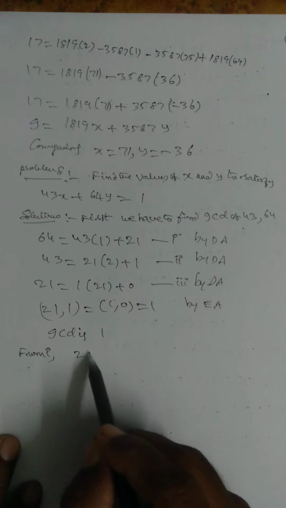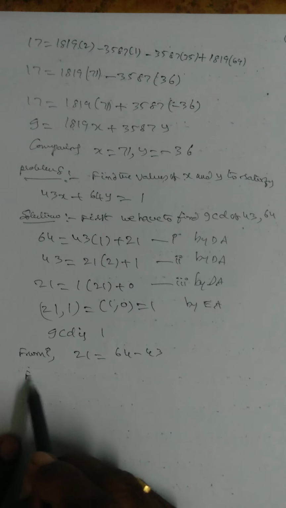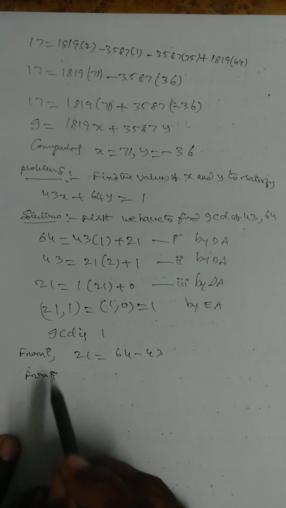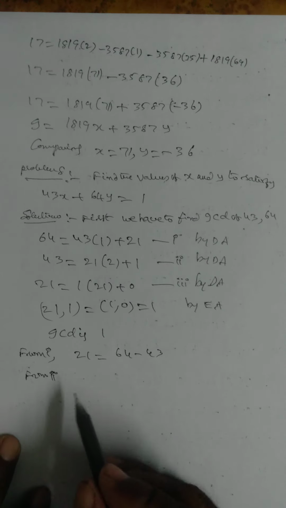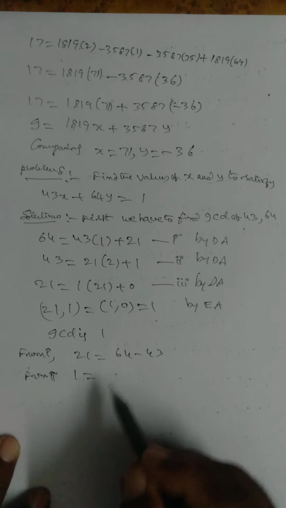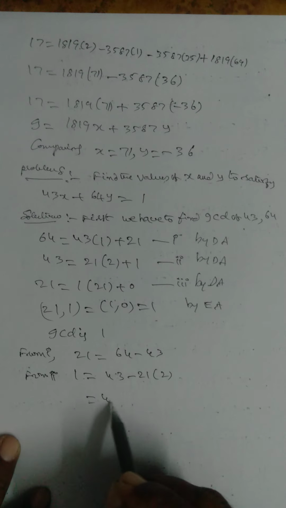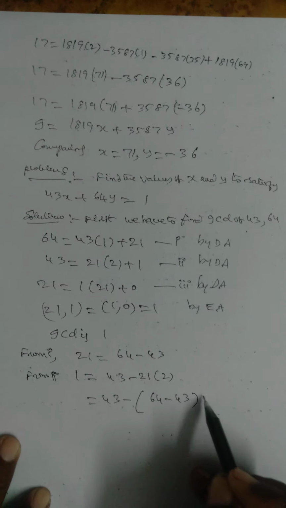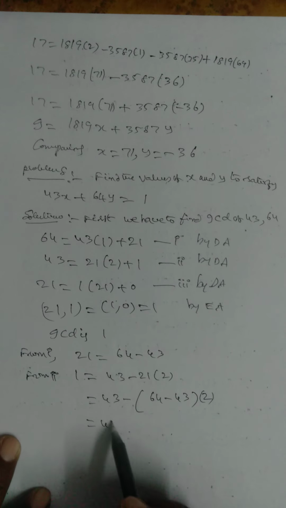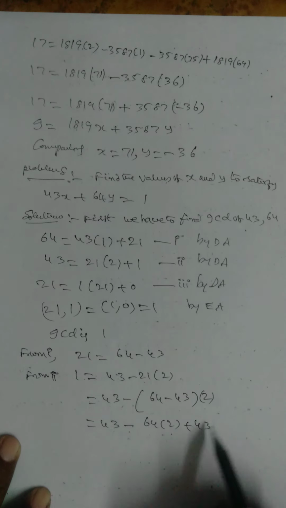So from 1, what is your 21 value? 64 minus 43. From 2, 1 is equal to 43 minus 21 into 2. What is your 21? 64 minus 43, into 2. So 43 minus 64 into 2 plus 43 into 2.